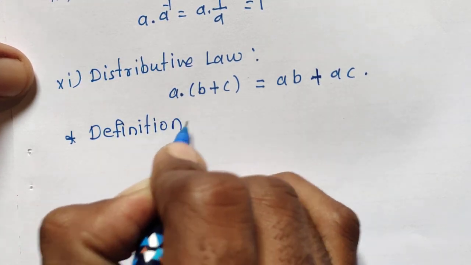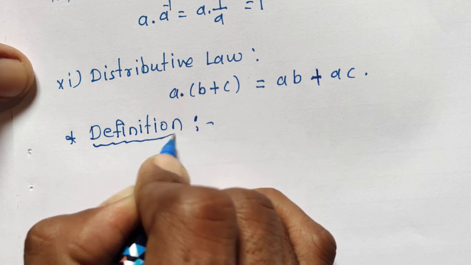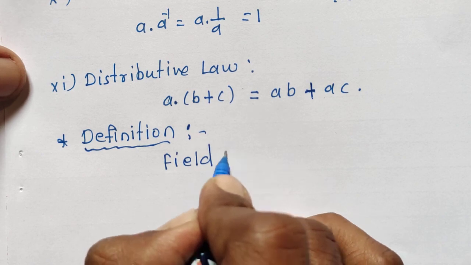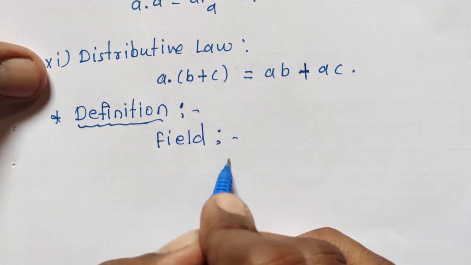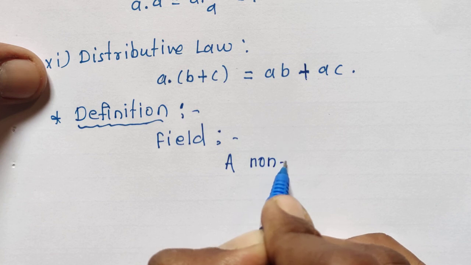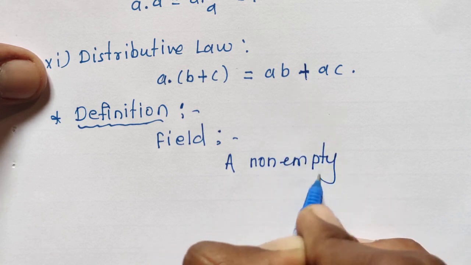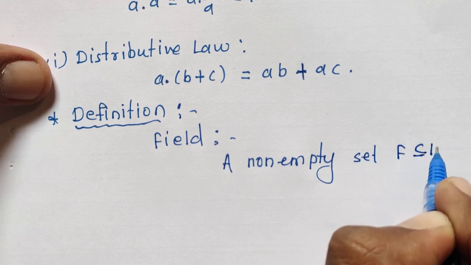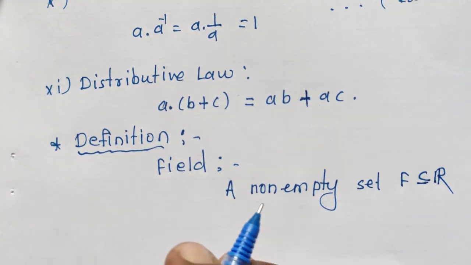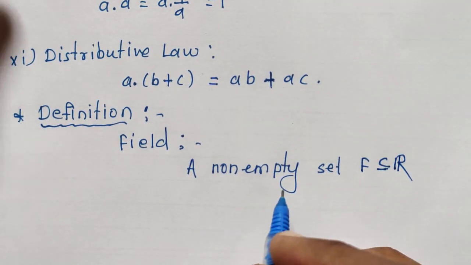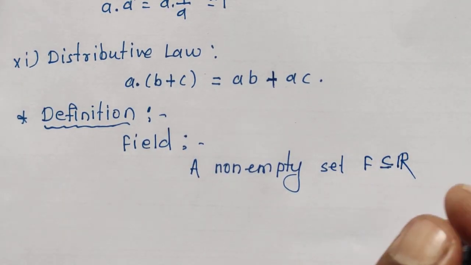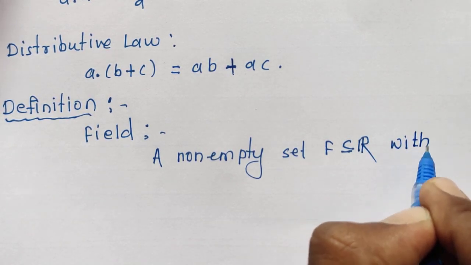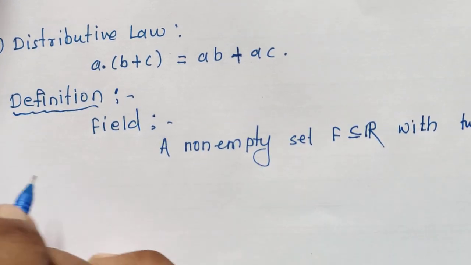A non-empty set F, which is a subset of R. In this chapter we will see all the properties of real numbers. So here F is any subset of R with two binary operations.